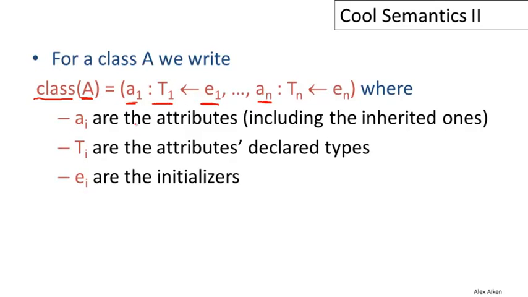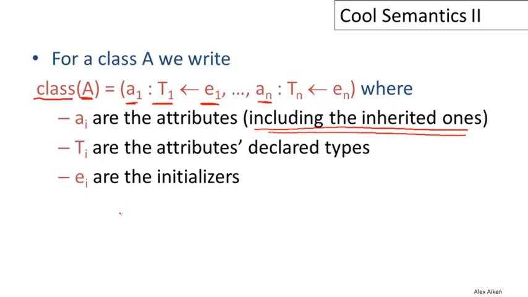And one other important feature of this list is that it includes all the attributes of class A, including the inherited ones. And there's another detail, which is in what order these attributes appear. This will actually become important when we define the semantics of how attributes are initialized.